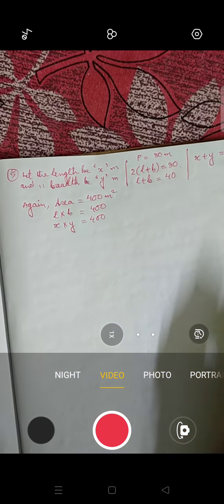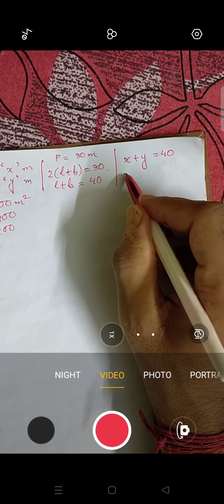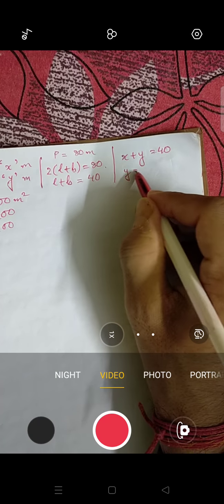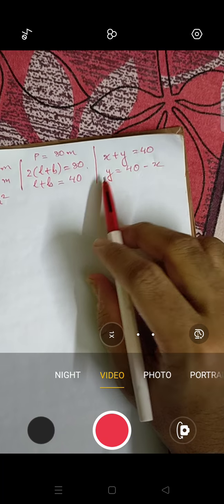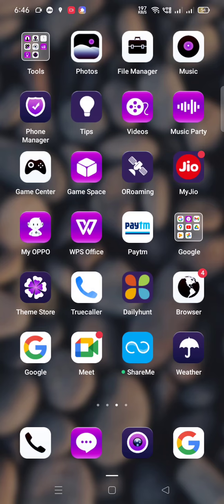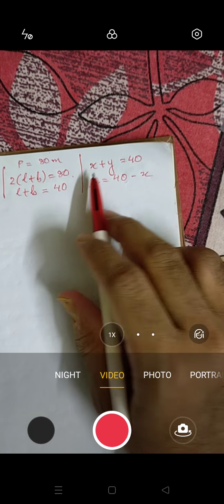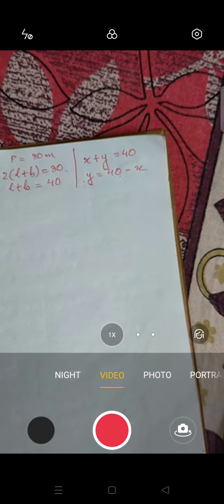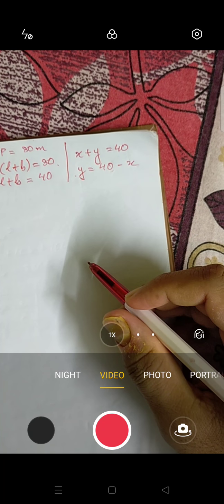This way you can't solve. So I will convert this to y equals 40 minus x, or you can say x equals 40 minus y. I am taking y equals 40 minus x. Both are the same.